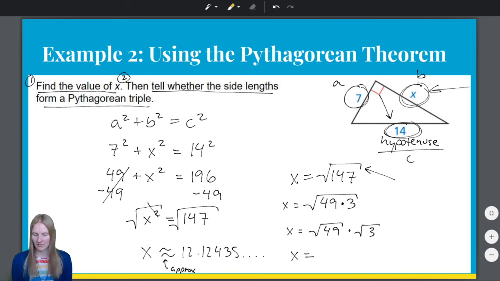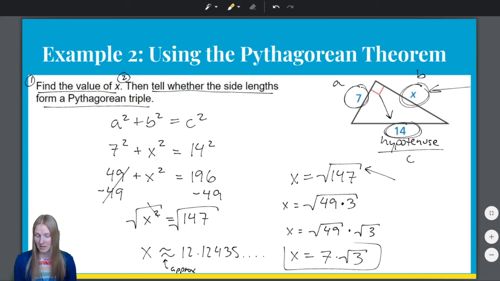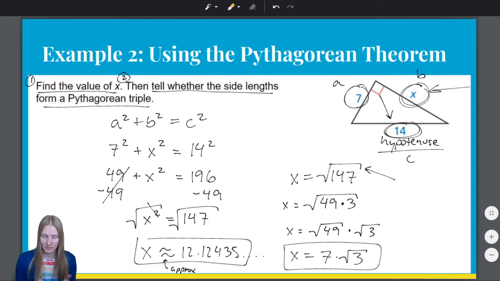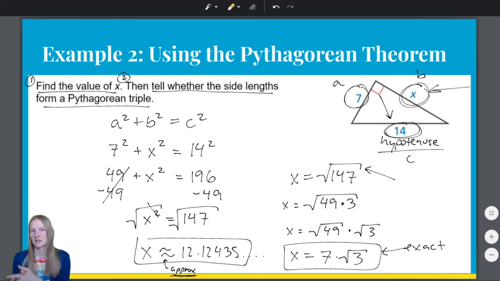Oh, 7 times the square root of 3. So, this is probably the answer that Big Ideas is going to want. If it says an approximate answer, well, there you go. You can take your approximate answer. If it says it wants an exact answer, then you'll give 7 times the square root of 3.